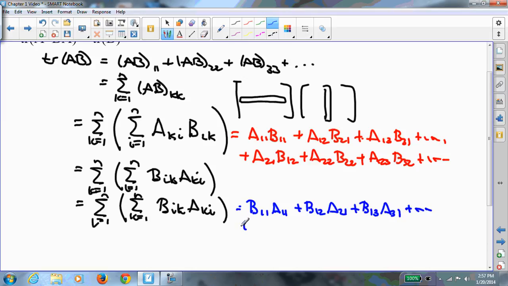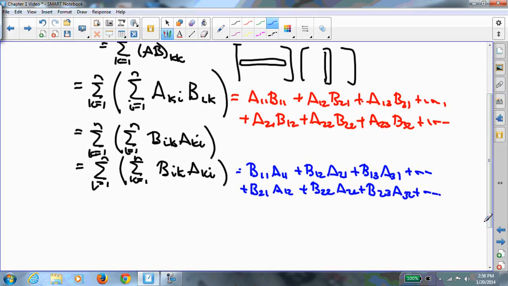And then i equals 2 would be B21, A12, plus B22, A22, plus B23, A32, plus and so on.